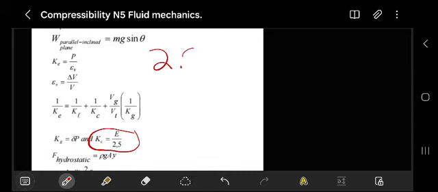We want the play, which is the change in length. Yeah, there are things you're supposed to know. The change in length, we'll use this formula.